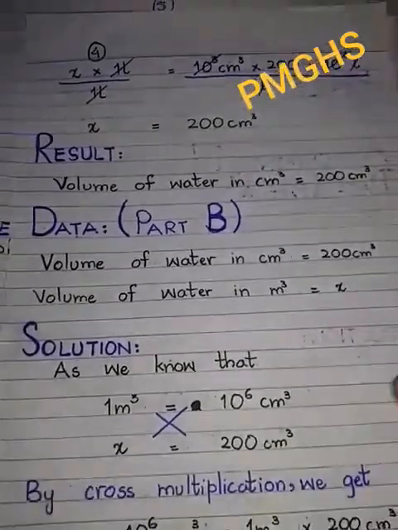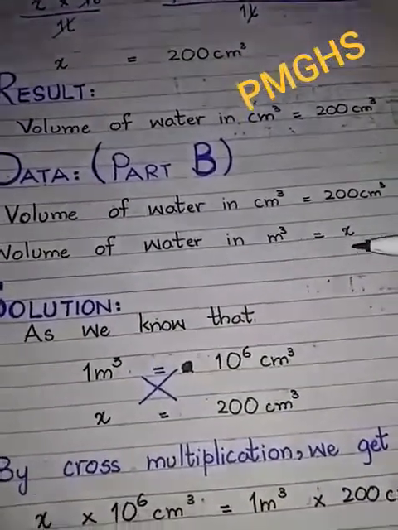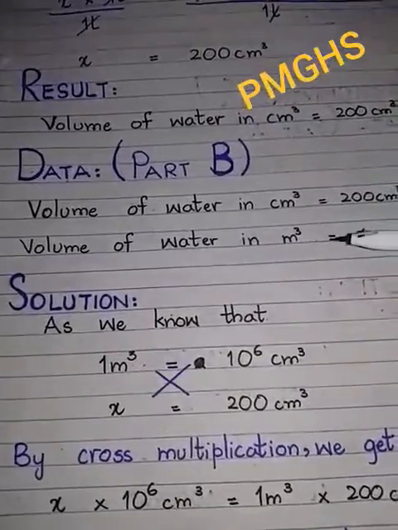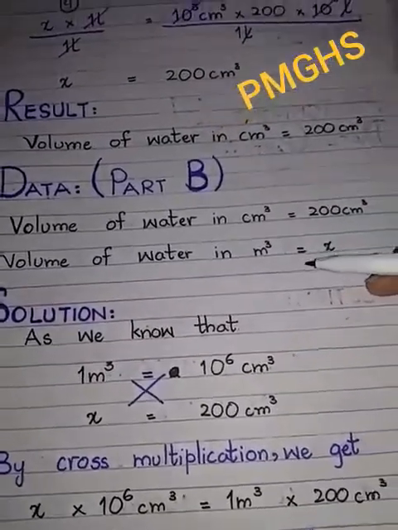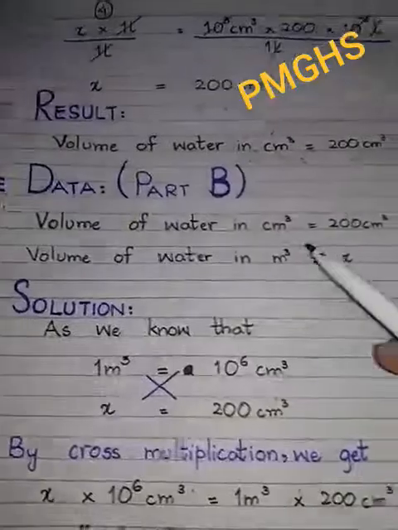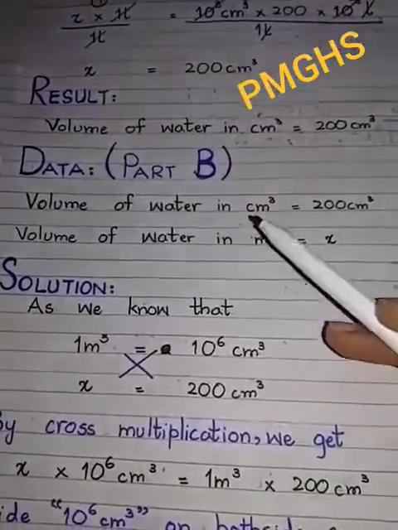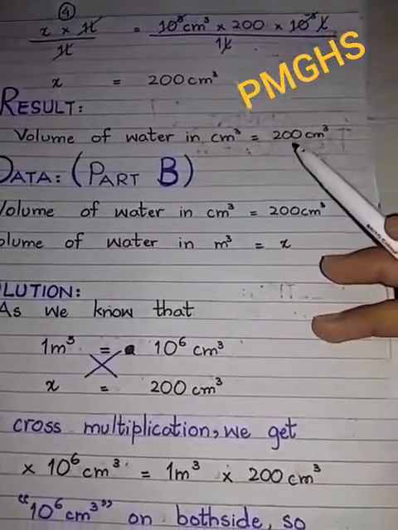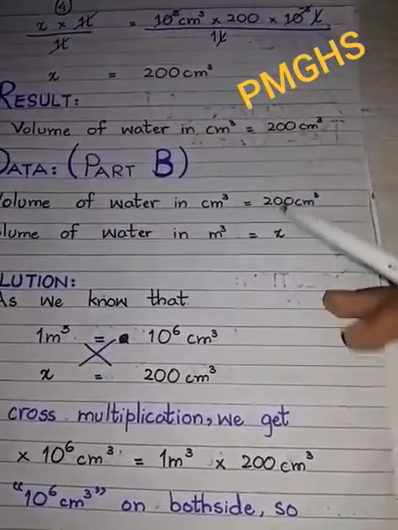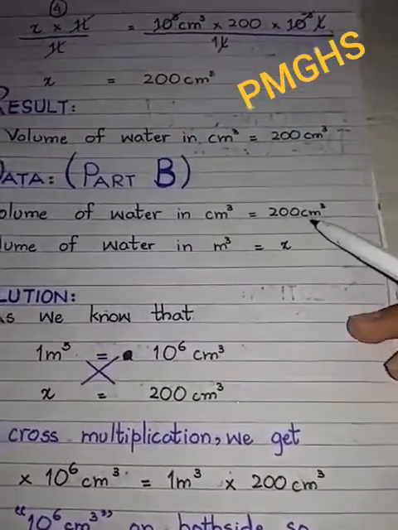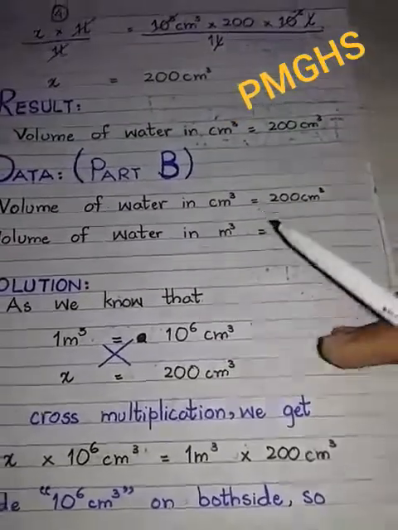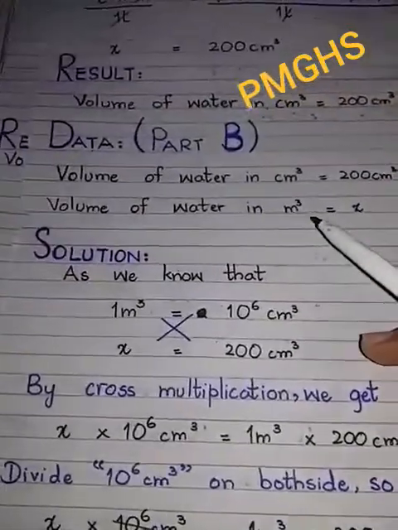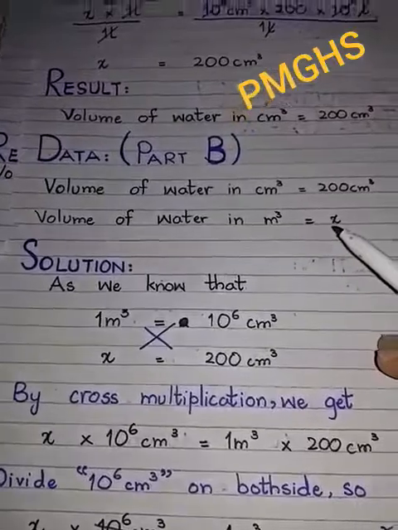Now, girls, in part B we calculate the volume of water in meter cubic. First we will arrange the given data. In the given data, the volume of water in centimeter cubic is equal to 200 centimeter cubic, and the volume of water in meter cubic is equal to x.